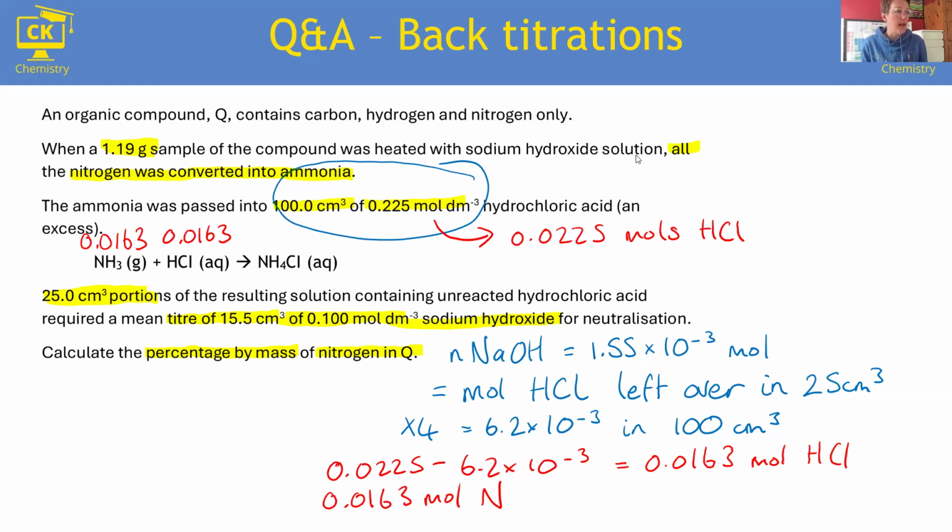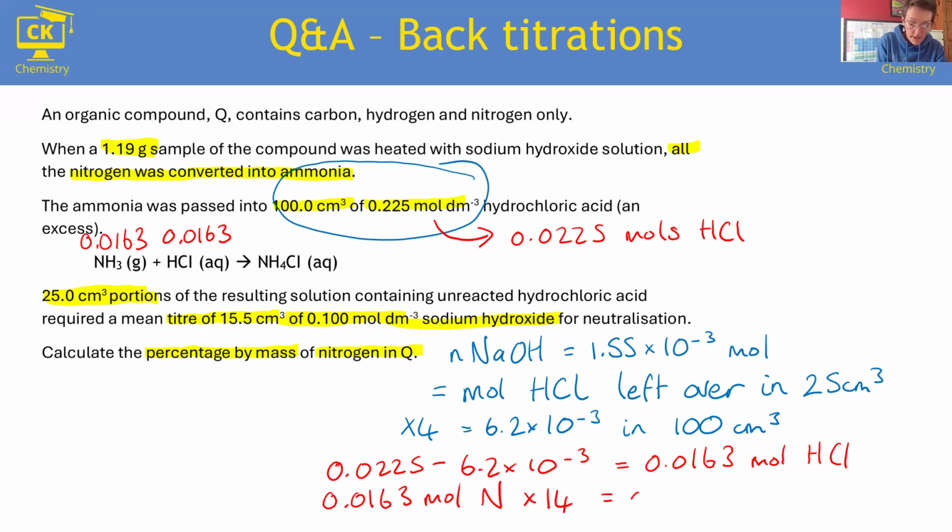If a question said what volume of gas is 0.0163 moles of nitrogen, and it was talking about nitrogen gas, that's when I use N2. The element nitrogen is N2, but this is part of a compound. Okay, I would then just times that by 14 because that's the atomic mass of nitrogen.